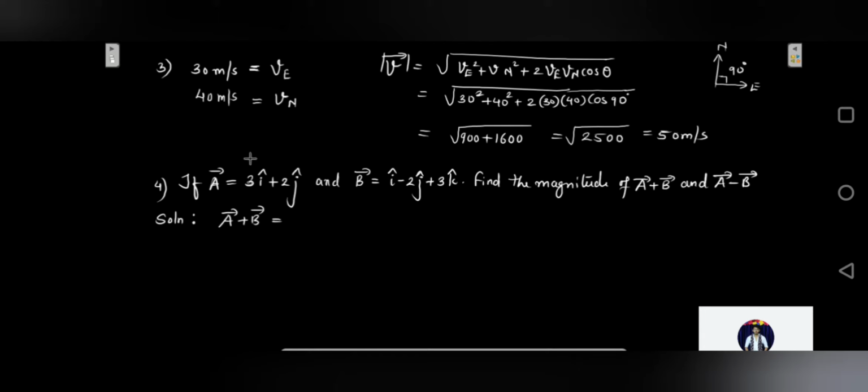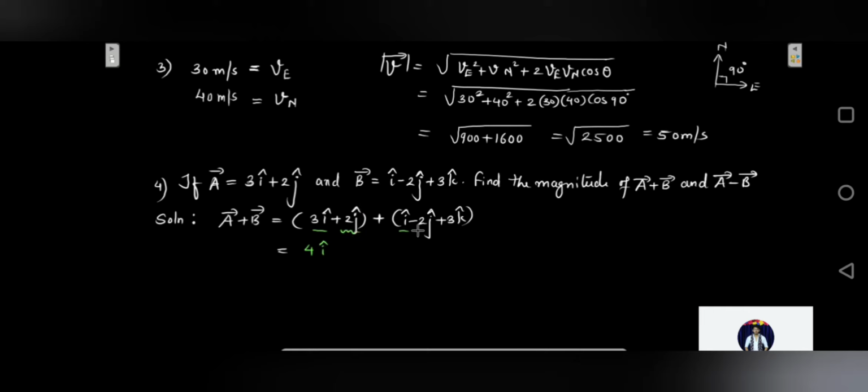Before that, just to understand, I'll write one step. So let's substitute 3i plus 2j plus i minus 2j plus 3k. Just add them together. So the i and i terms will get added: 3 plus 1 is 4i.